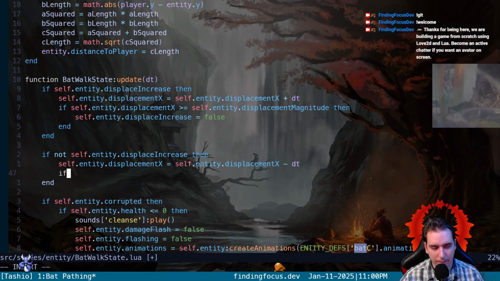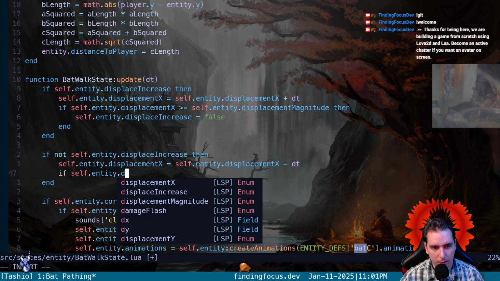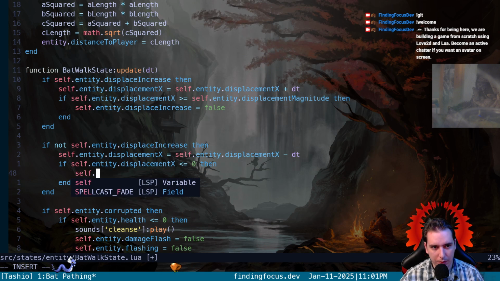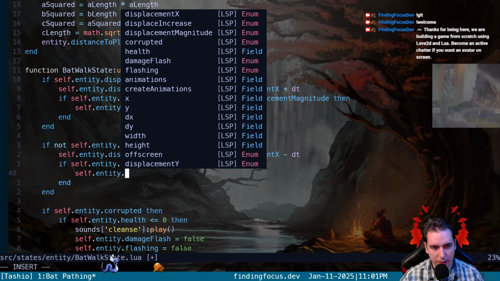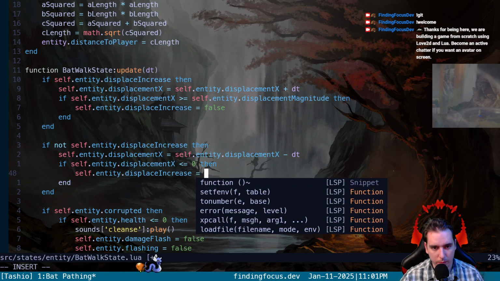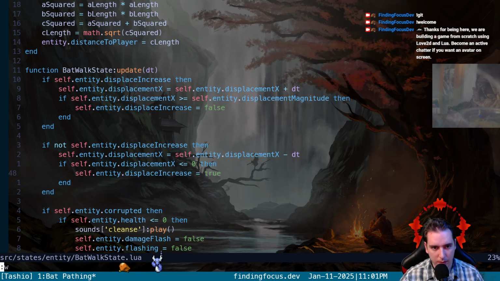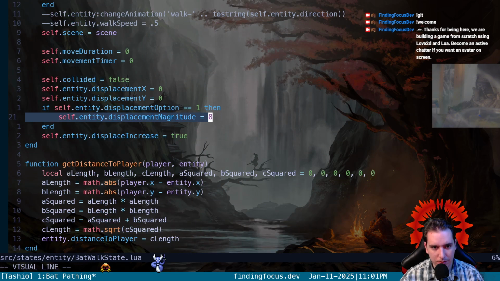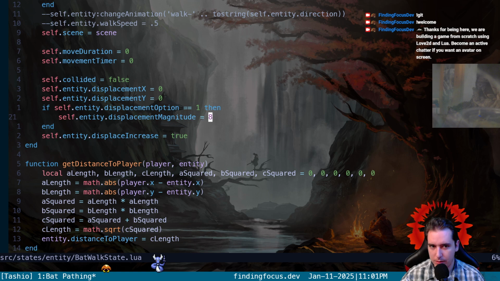And then the same thing, if our displacement x is smaller than or equal to 0, then we need to go back upwards. Then we're going to set entity displace increase true. Since our magnitude is initialized here to 8, I'm hoping to see this displace x go from 0 to 8 back down to 0, and then just keep going from 0 to 8.